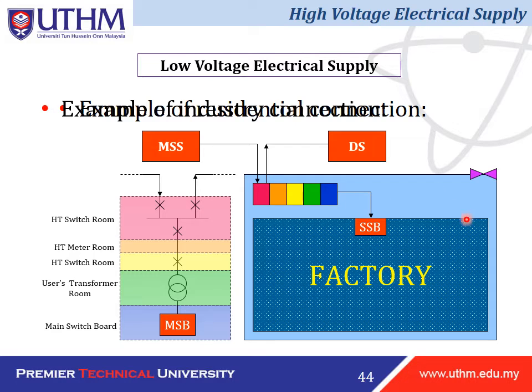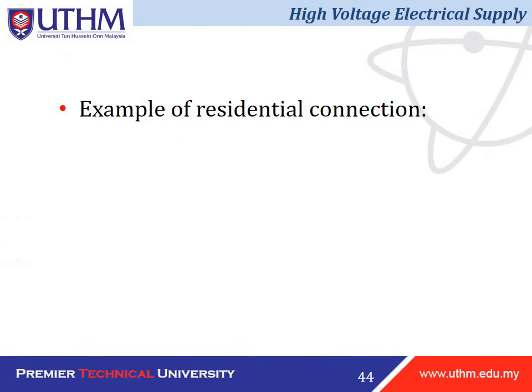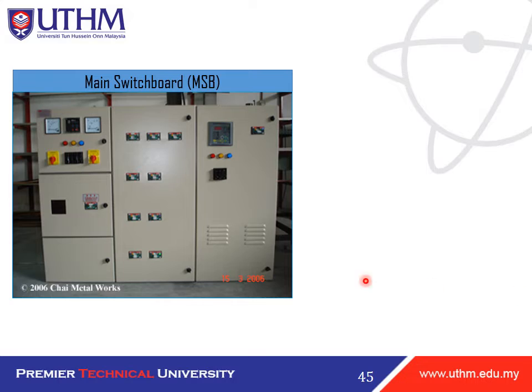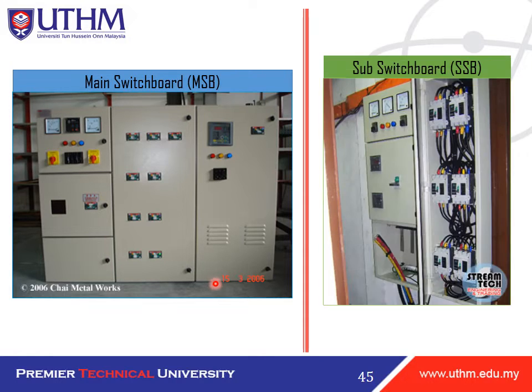This is the example of the industry connection. Okay, this is the example of a main switchboard that we have in the industry, and this is the example of a sub switchboard SSB that we have in the industry.